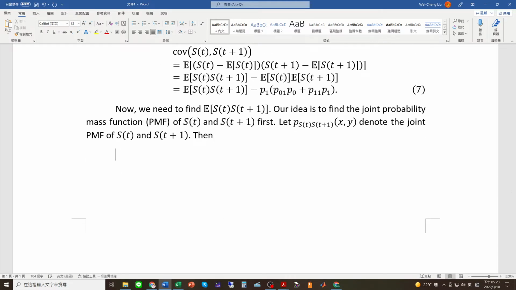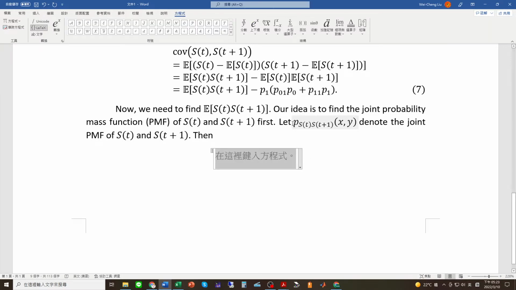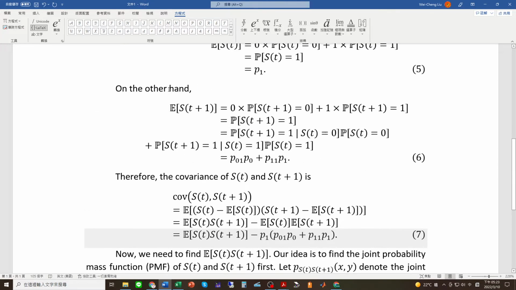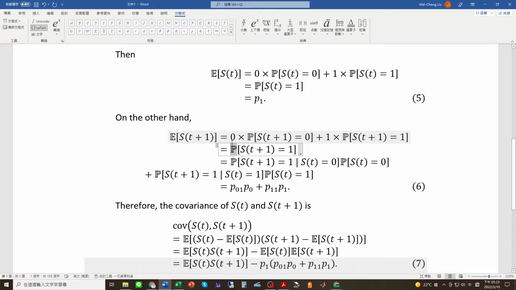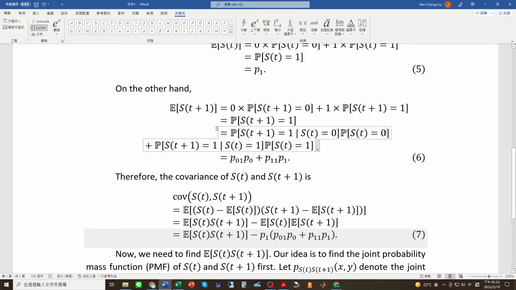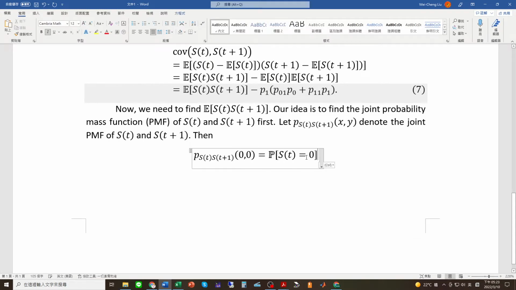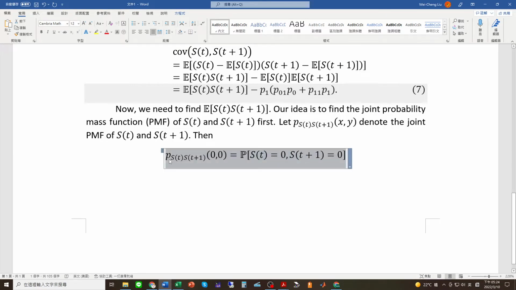Then P_{S_t,S_{t+1}}(0,0) is equal to the probability that S_t is equal to 0 and S_{t+1} is equal to 0.